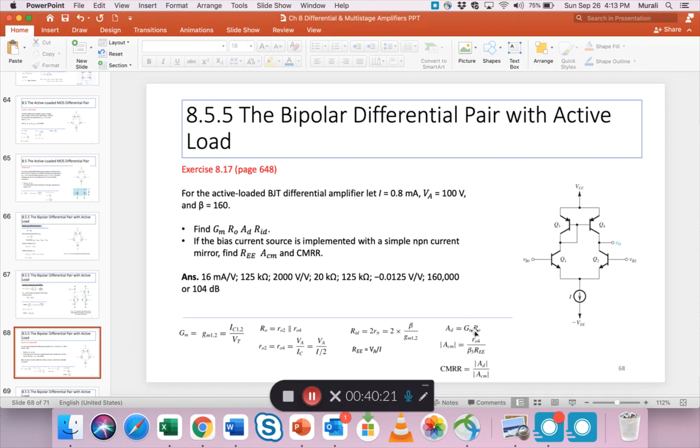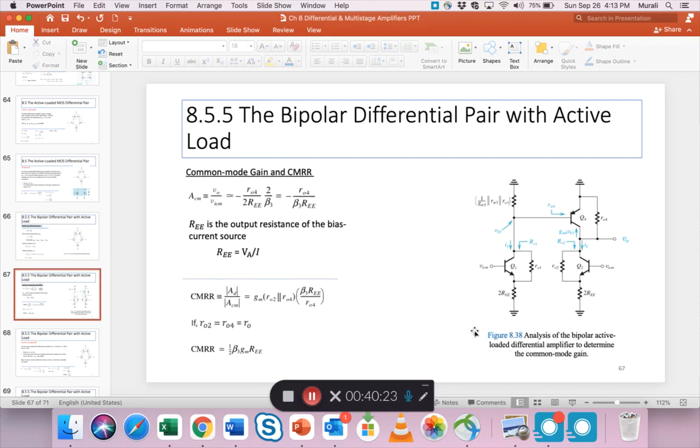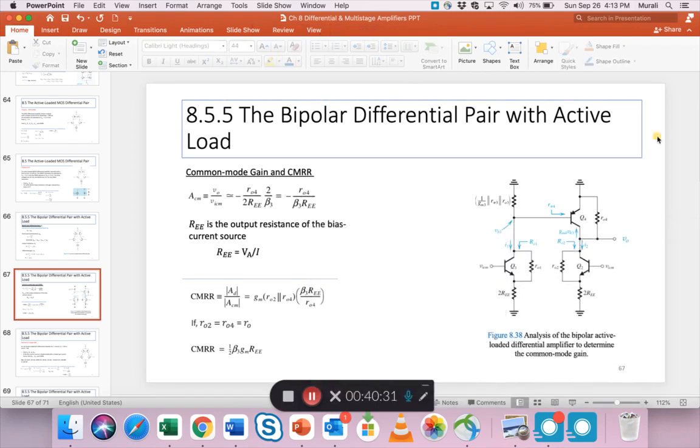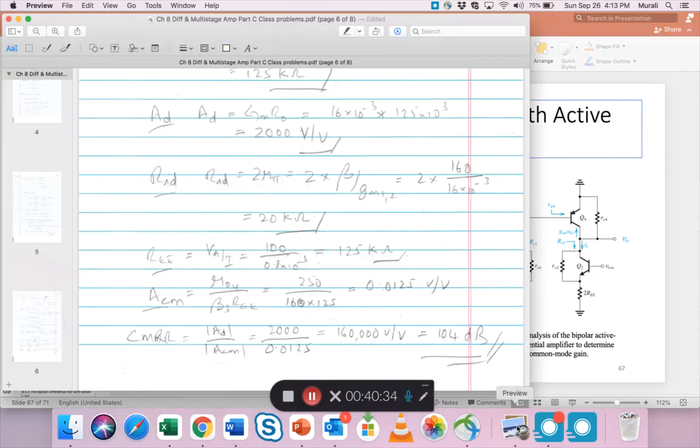Yes, ACM should have a negative value. I keep missing that, but I don't want you to miss it. There should be a negative sign, so this is minus 0.125. And so CMRR, when you take the absolute values, comes out to be 160,000 or 104 dB.